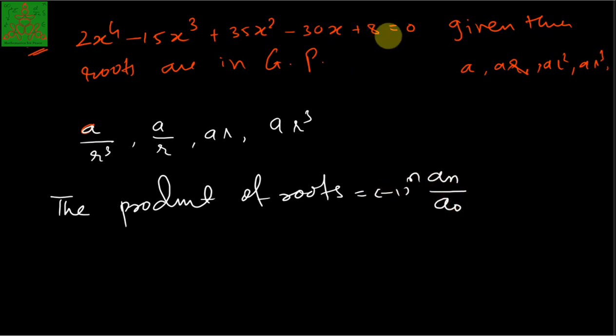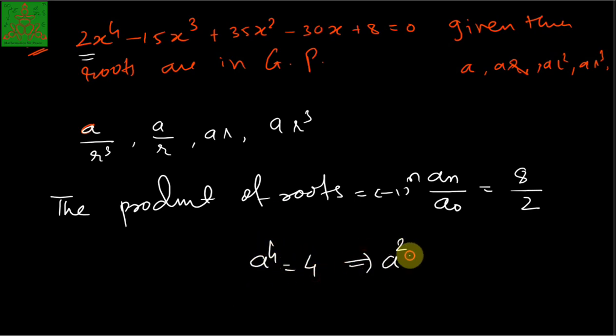But a_n is here 8 and n is 4, so it is a plus sign. So 8 upon 2, because a0 is 2. The product of these gives r cube cancelled out and r cancelled out, so we have a power 4 equal to 4, that gives you a square equal to 2.